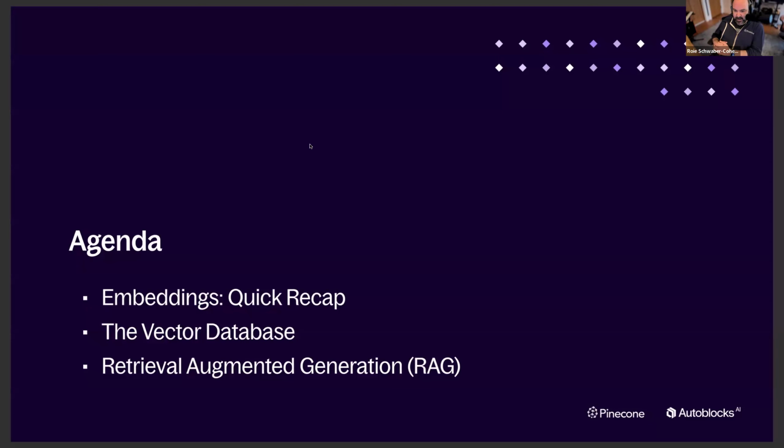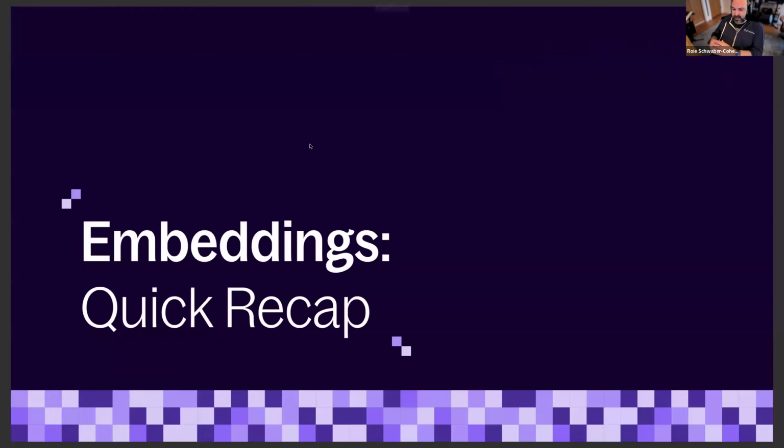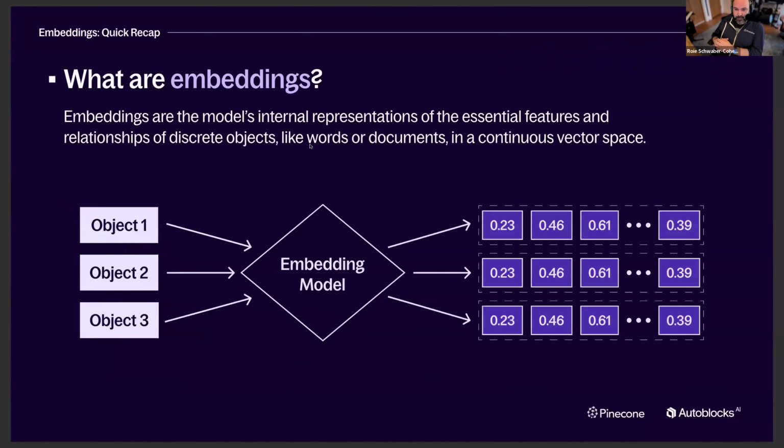Let's go to the next slide. The basics here, let's talk a little bit about embeddings. Let's go next. Yep. So let's talk about what embeddings are. Essentially, embeddings are the internal representation of a model, of a neural network model. They could be representing all sorts of things, and it depends on what exactly this model is trained on.